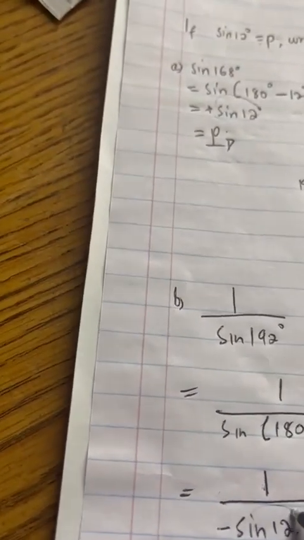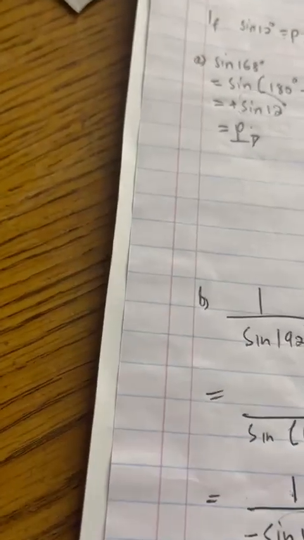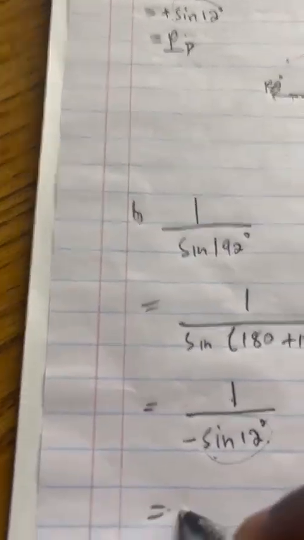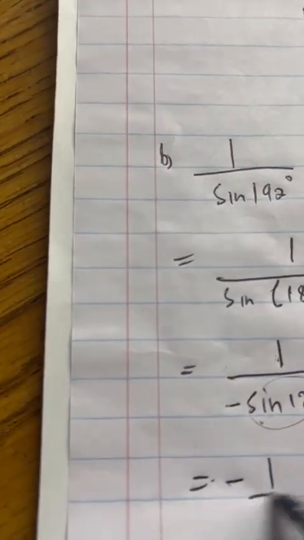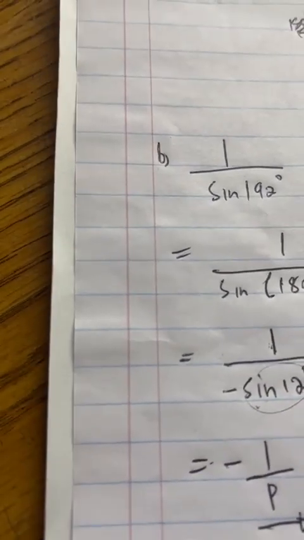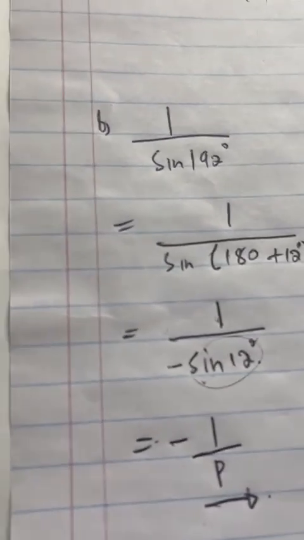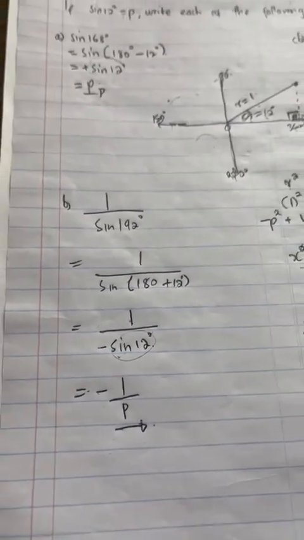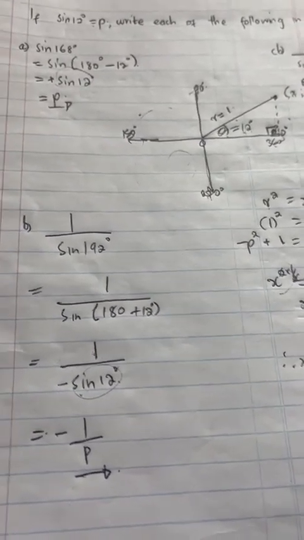So from the question we are given that sine 12 degrees is p. So that means our answer is going to be minus 1 over p. We replace that sine 12 with p. So this is how you solve this kind of problem.